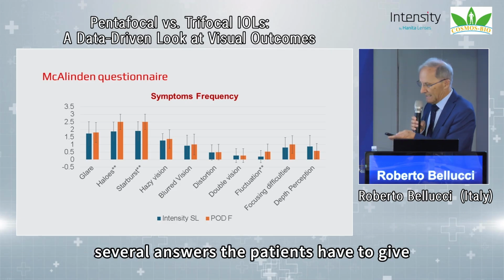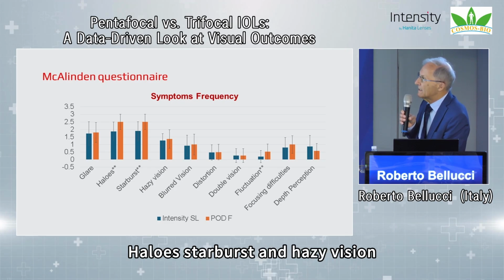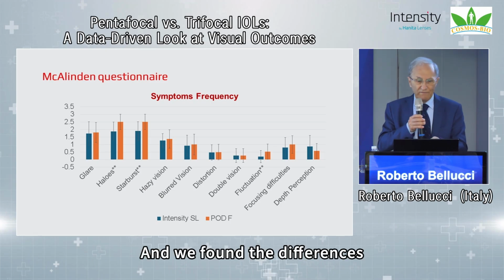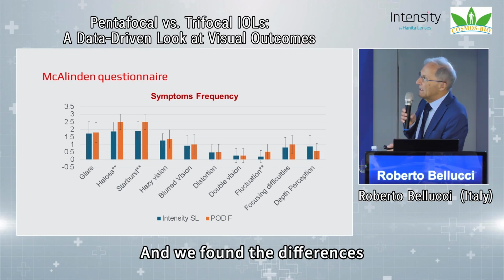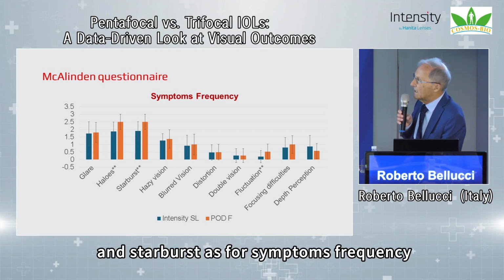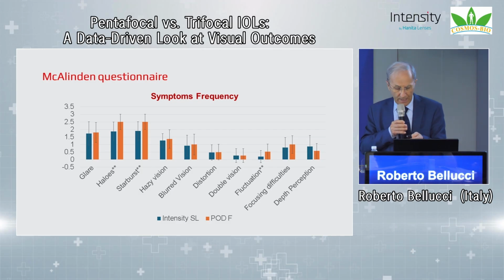There are several answers the patients have to give for us to investigate glare, halos, starburst, hazy vision, and so on. And we found differences, with better results for the intensity with halos and starbursts as for symptoms frequency, and also fluctuation of vision.